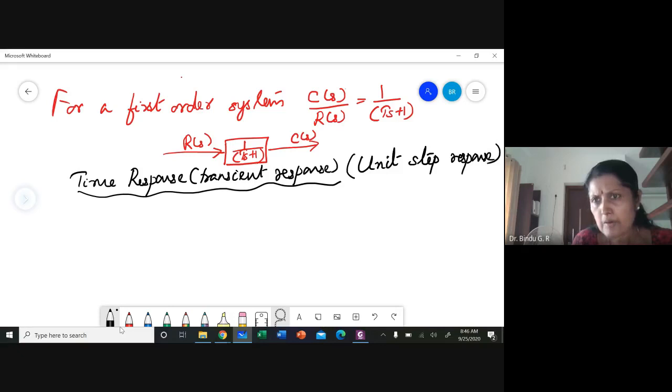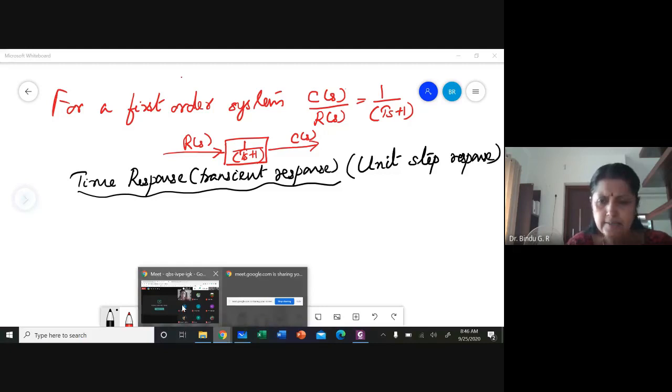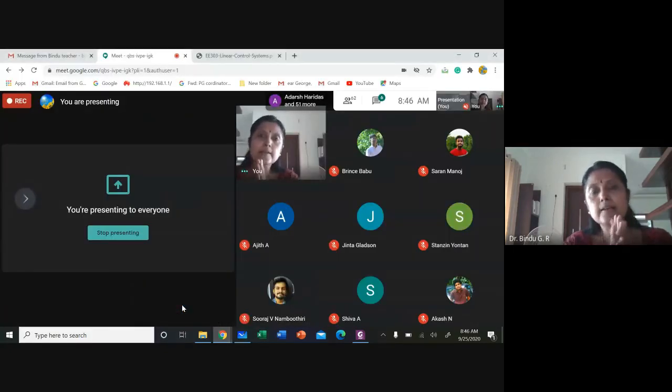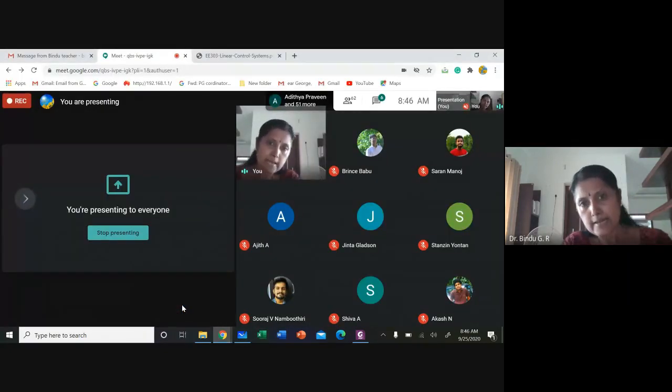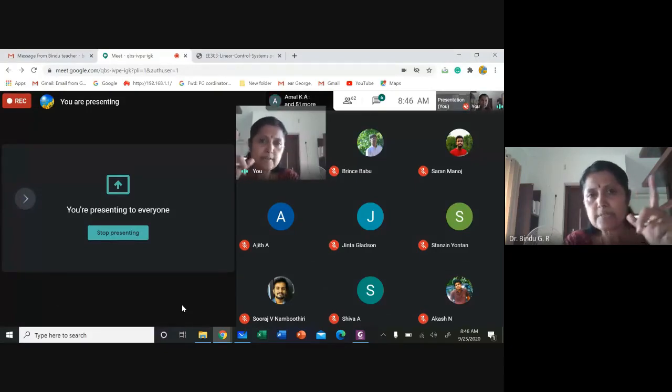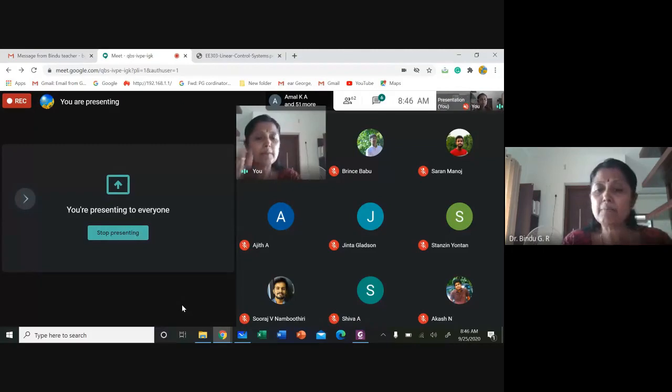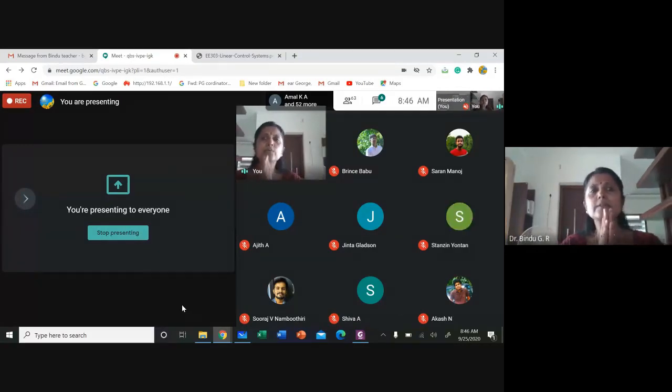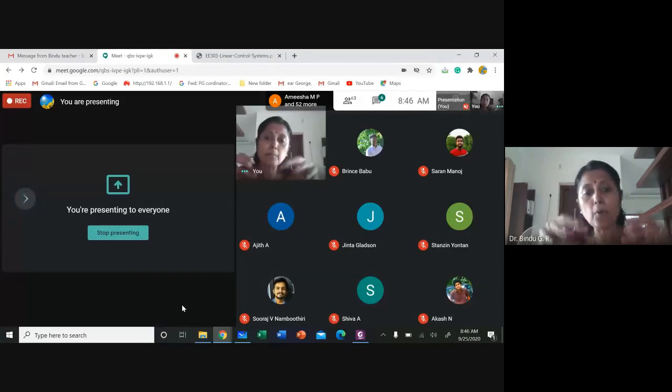Okay. Now, to all of you, I just want to tell you this. In yesterday's class, we discussed about transient analysis as well as steady state analysis. When I mentioned the difference between these two, I mentioned one important point, that transient analysis is dependent on the poles of the system.